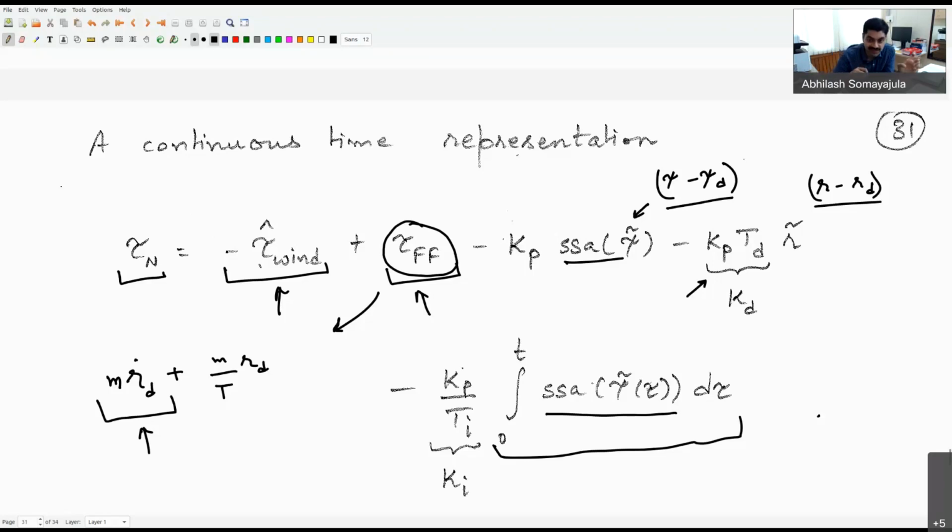One component is wind, one component is trying to make sure that the error goes to 0, and then there is the third component which is trying to take care of any steady state errors, any environmental disturbances; they will be accounted for by my PID law. It's as if the same controller, I'm just breaking it apart to see which component is accounting for what. I'm basically opening the toolbox and seeing what's going on inside it.